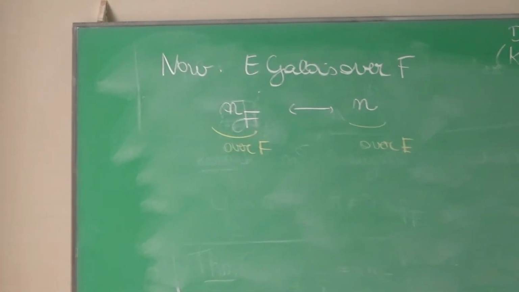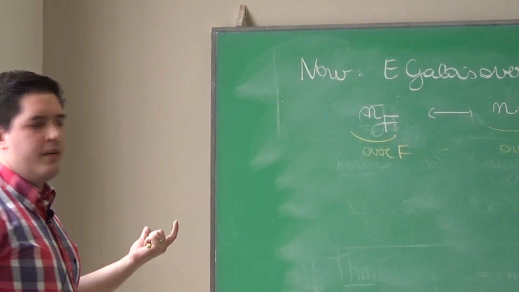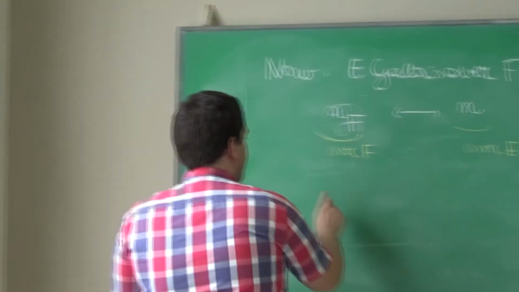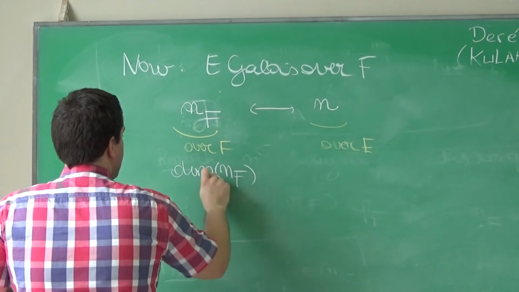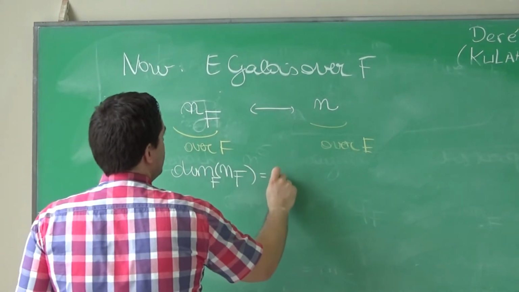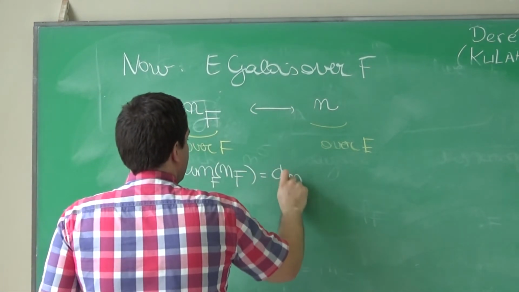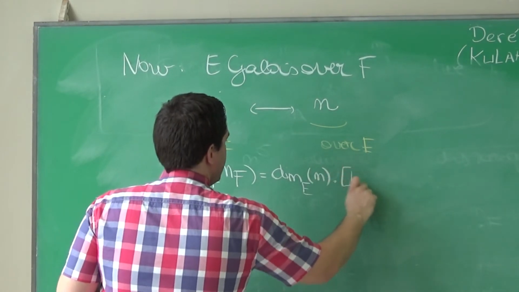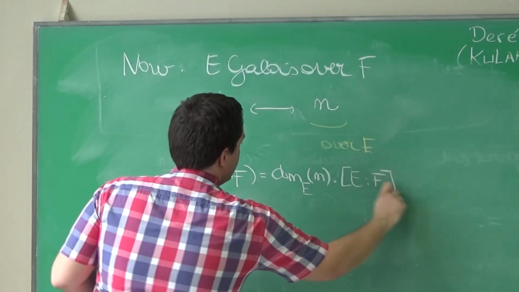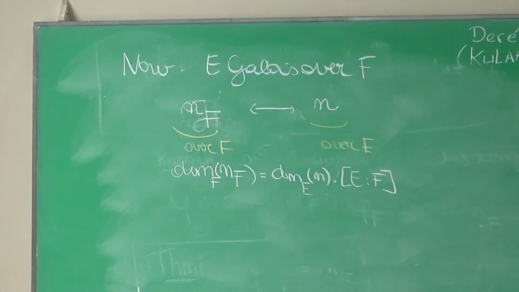And moreover, the dimensions of these two Lie algebras are completely different, because the dimension over F is equal to the dimension of N over E times the order of the extension field.